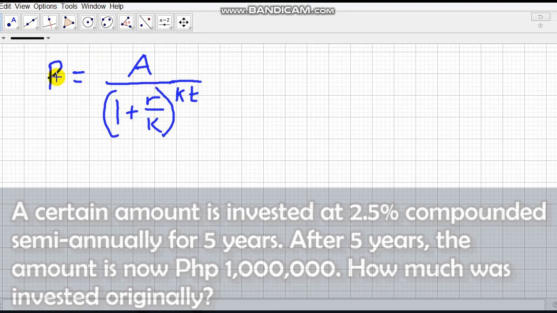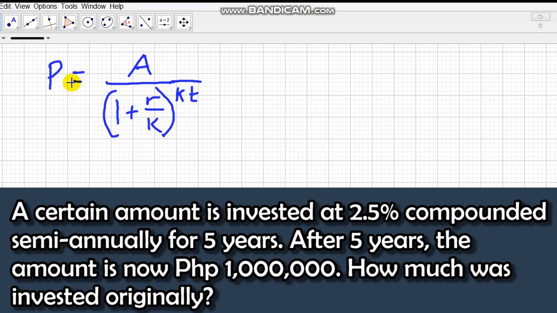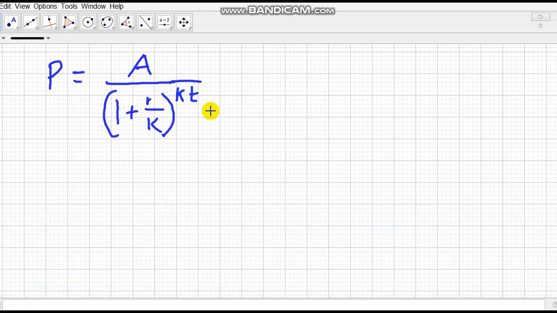Let's have an example. Let's say that there is a certain amount that is invested at 2.5% compounded semi-annually for 5 years. After 5 years, the amount is now 1 million pesos. How much was invested originally? So let's identify our variables there. The maturity value, after 5 years, was said to be 1 million pesos.